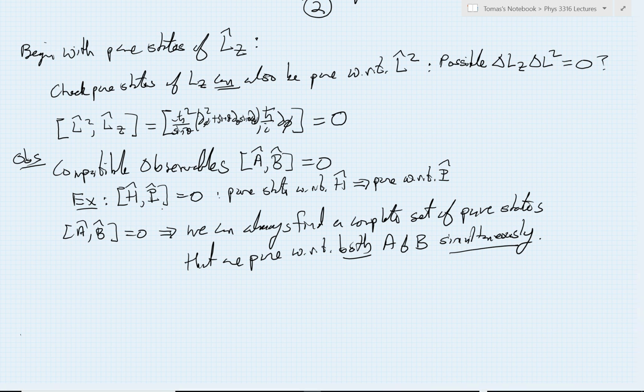And there's a general fact that you can always perform such a construction, where if your two observables commute, there is some set of pure states out there that completely describes the pure states of A and the pure states of B, and all of those states are simultaneously pure with respect to both of those observables.